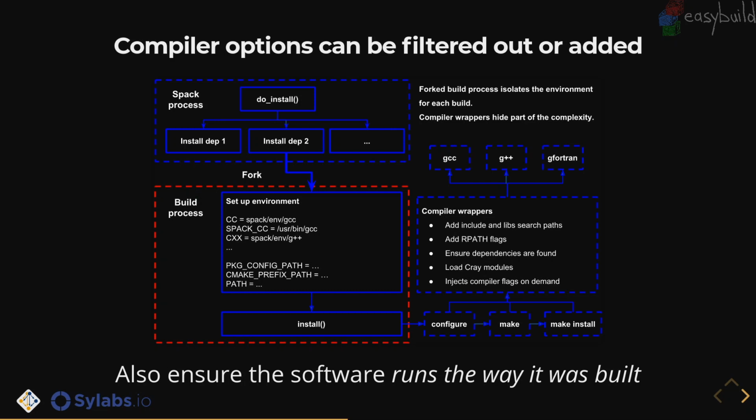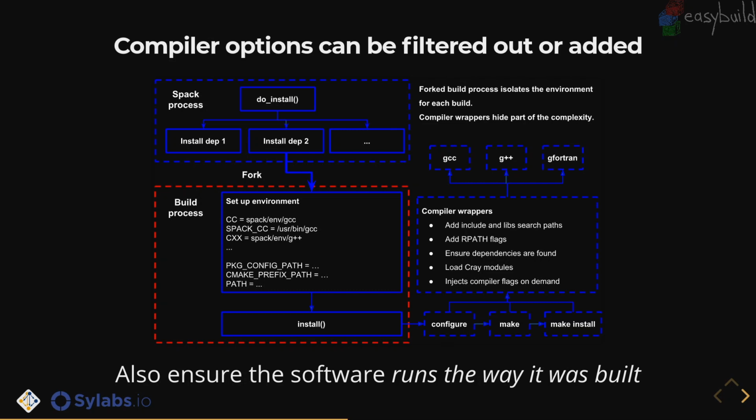Whenever we compile something, each compilation line is mediated by this thin wrapper that can, for instance, shuffle flags around. It can inject include flags or library search flags. It actually injects RPath flags.